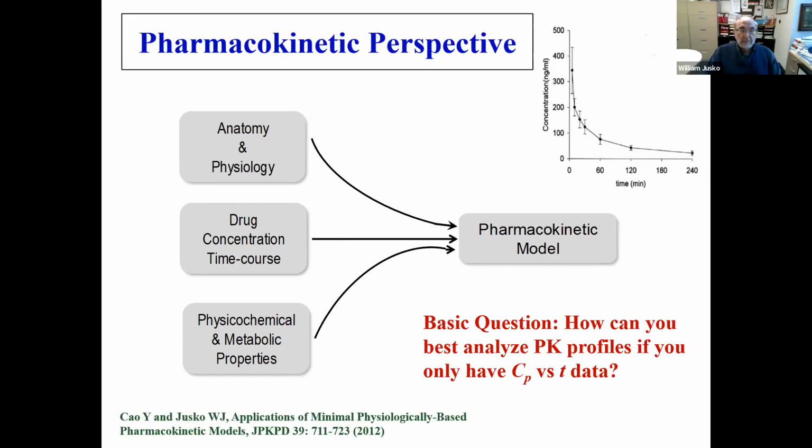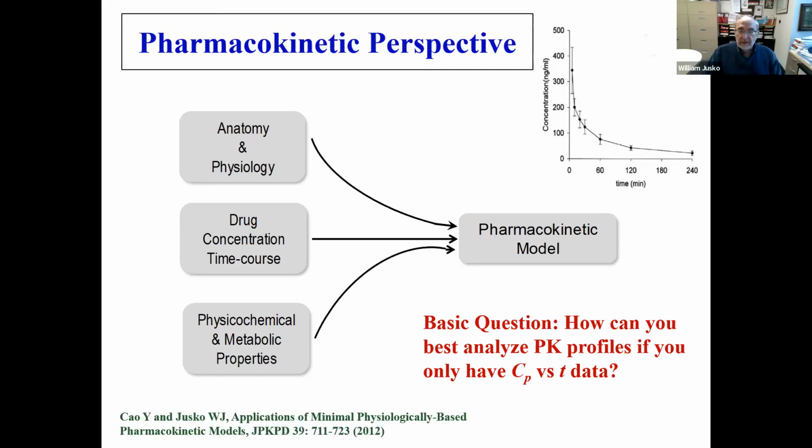Well, full PBPK models can do this, especially if they are studied and applied in animals where all possible information can be obtained. But in their application to humans, one makes a lot of assumptions, as I'll show.